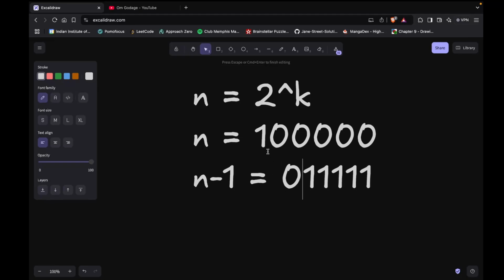Okay, so when you take the bitwise AND of this number and this number, you see 0 and 1 AND will give you 0, this will give you 0, this will give you 0, this will give you 0, this will give you 0, and finally this will also give you 0. So the bitwise AND of n and n minus 1 will be 0 if n is a power of 2.